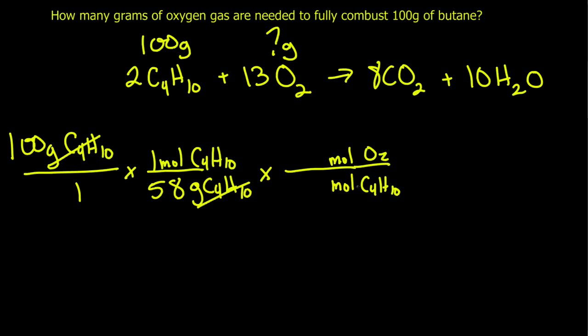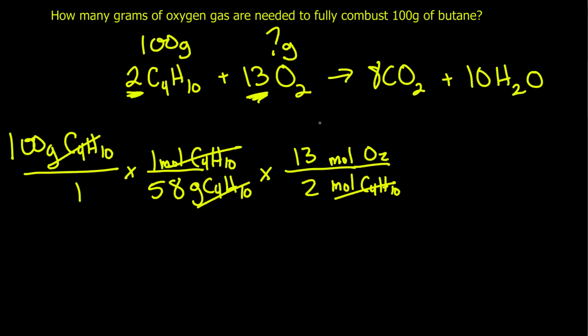Now we use our balanced equation. How many moles of butane will I need for my moles of oxygen? Well, I got 2 moles of butane for every 13 moles of oxygen. 13 goes on top, 2 goes on bottom. That'll leave us with moles of butane canceling out, giving us moles of oxygen.